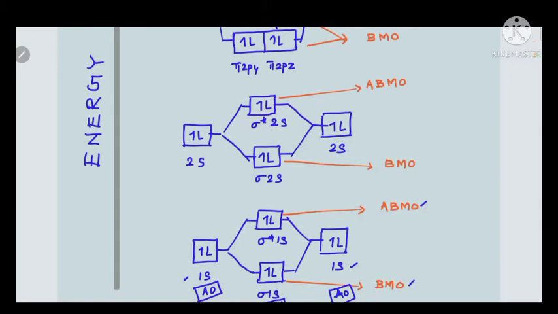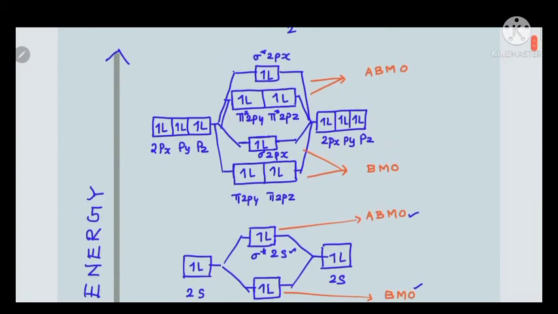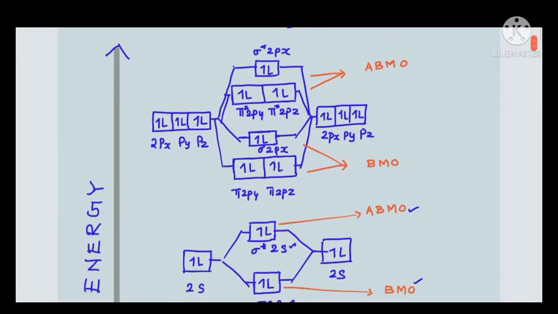Similarly, when the 2s atomic orbital of one atom combines with the 2s atomic orbital of another atom, we get two molecular orbitals: sigma 2s and sigma star 2s. The lower one is the bonding molecular orbital, the higher one the anti-bonding molecular orbital. Similarly, when 2p orbitals of two atoms combine, we get two sets of molecular orbitals, BMO and ABMO: three bonding and three anti-bonding.